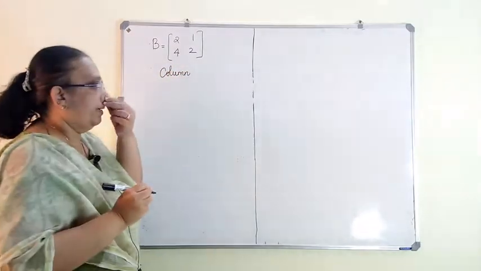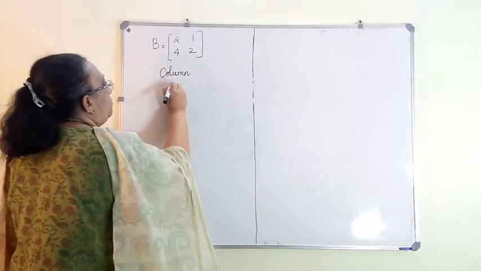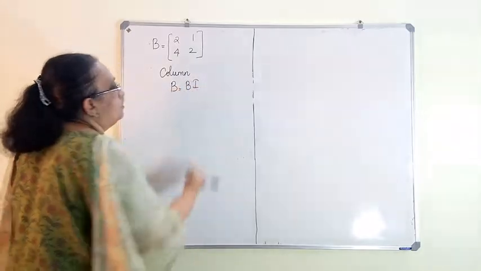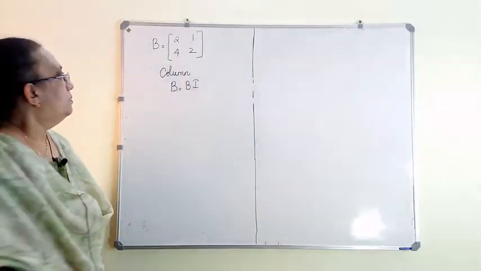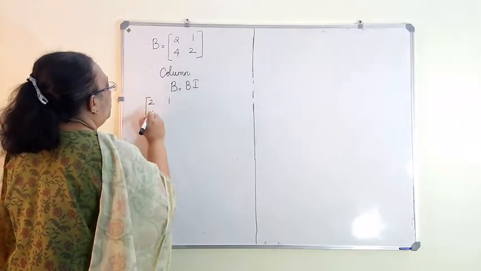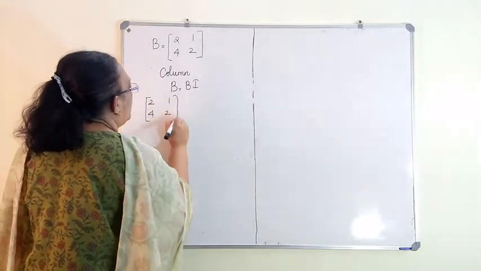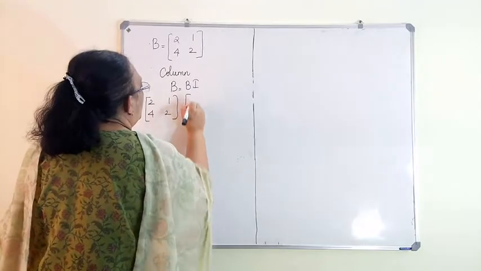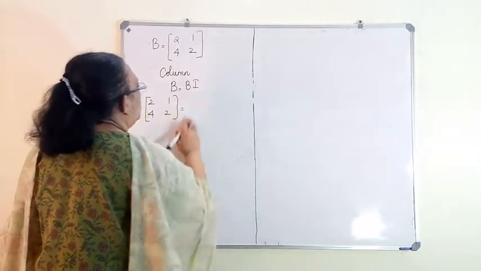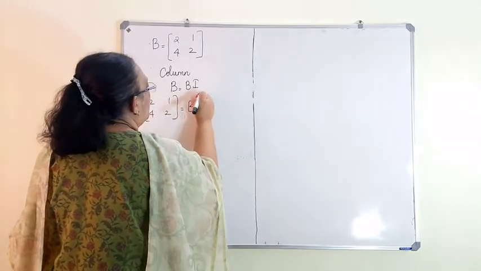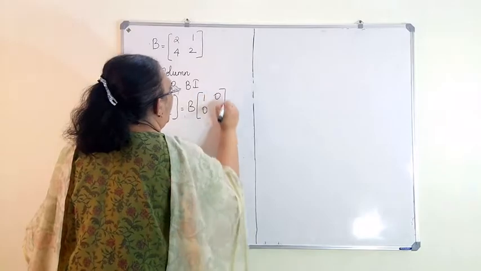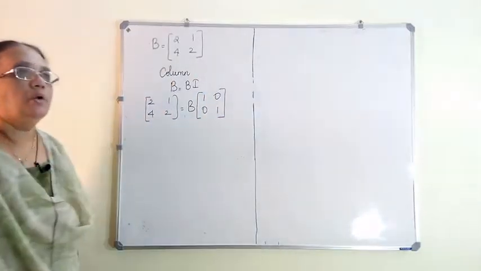What is the first step I have told you? We have to take B is equal to B into I. That is [2, 1; 4, 2] is equal to B into [1, 0; 0, 1]. I should make changes for columns.